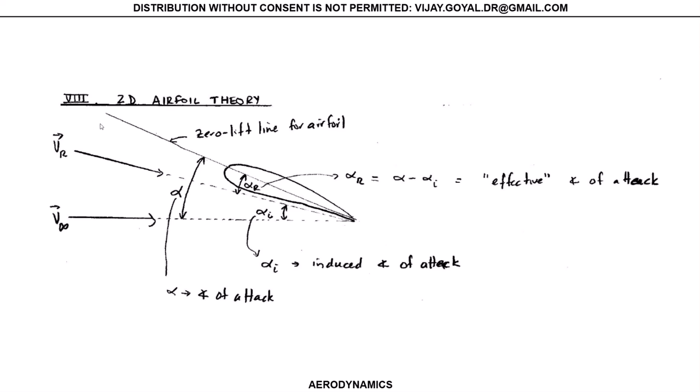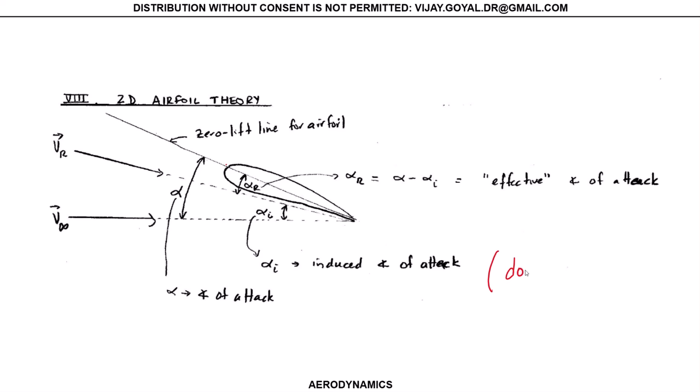So for a two-dimensional airfoil theory, this is the zero lifting line. It's the location where your angle of attack is completely zero, or this is the camber line, if you would. Okay, then you have the stream velocity, so this whole thing is the angle of attack, but then you have a resultant velocity, because you will have an induced angle of attack because of the downwash velocity.